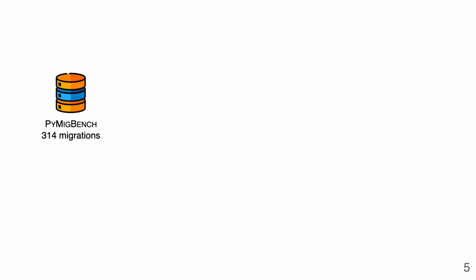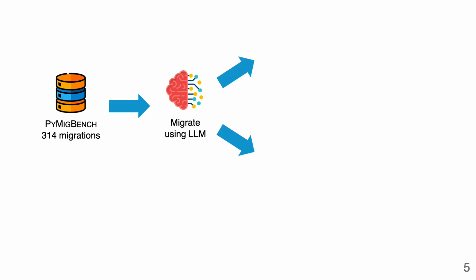In our process, we take the pre-migrated code, the code that needs to be migrated, and we prompt the LLM with this code, give it the source and target library, and ask it to migrate the code. Then we do two different types of evaluation. Recall that in PyMigBench, we have the developer-migrated code, and this is what we consider as ground truth. So we compare the LLM-migrated code with the developer code.